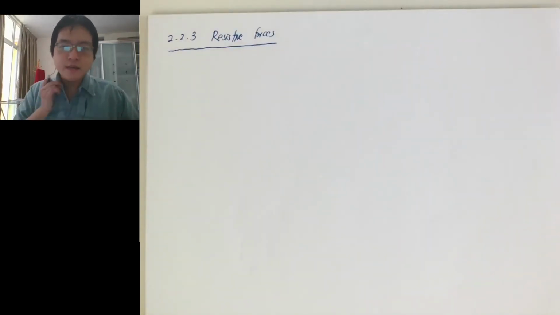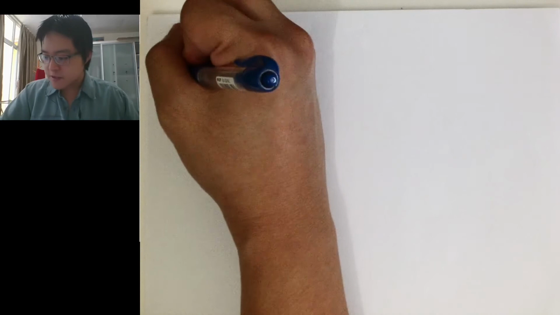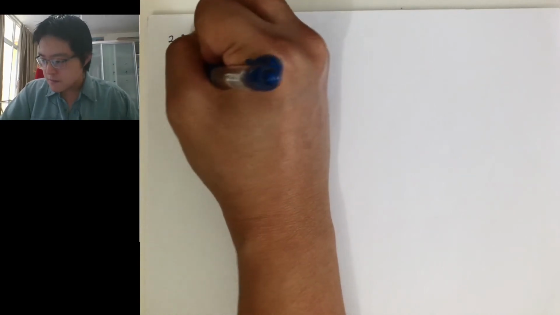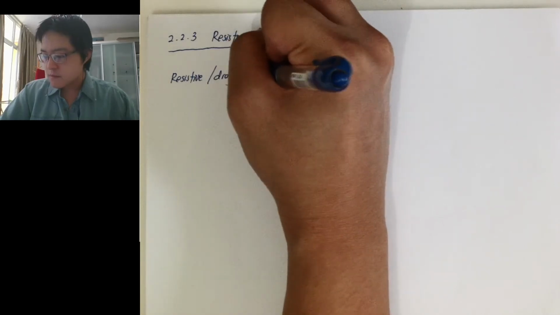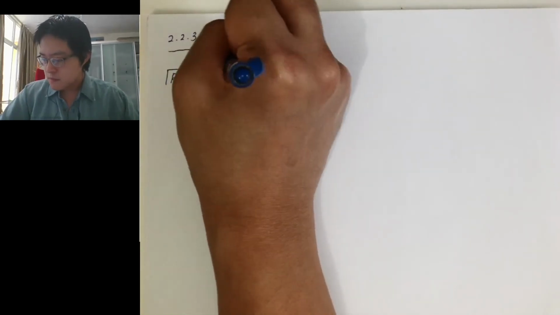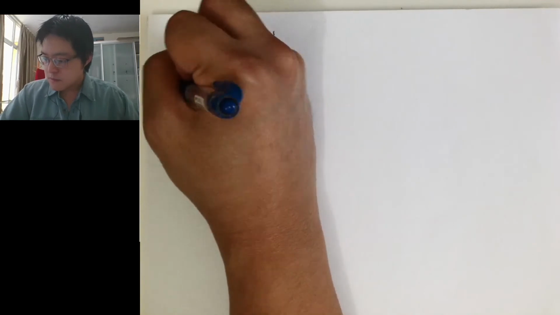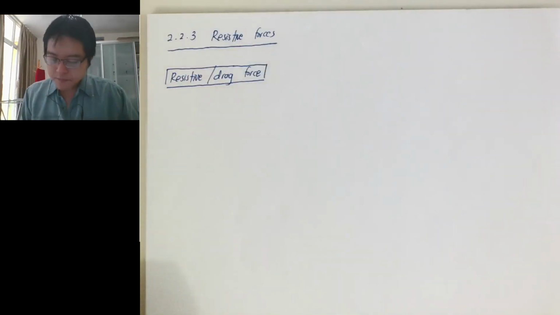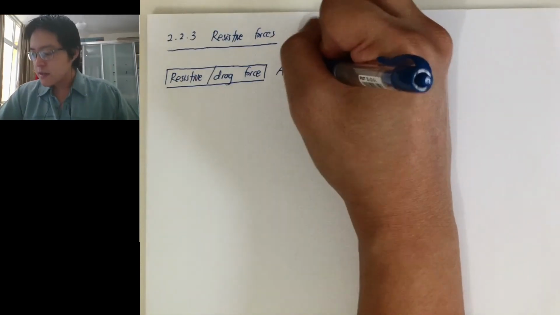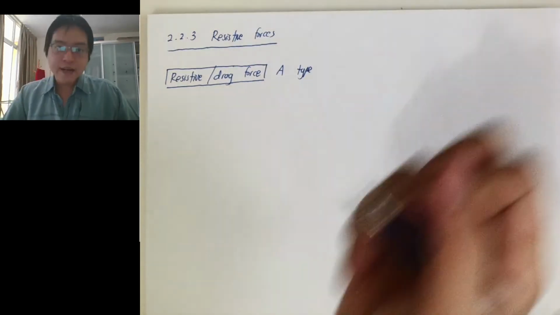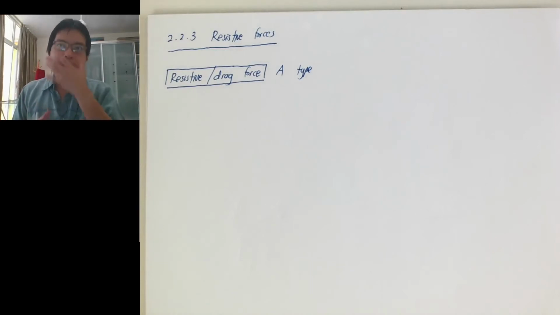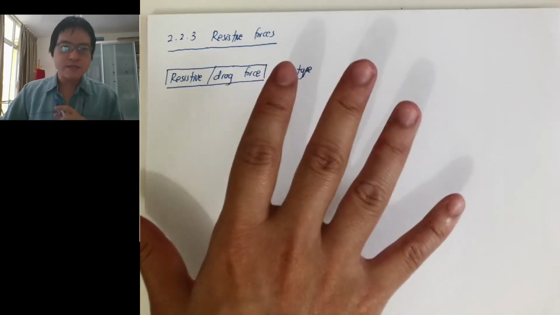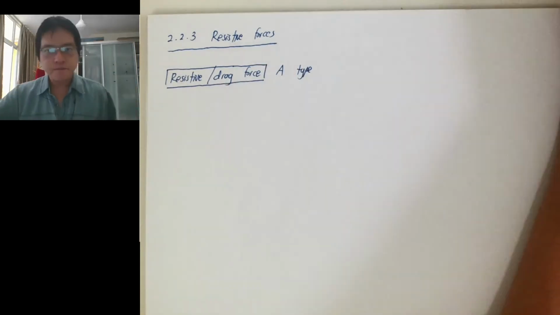So what is a resistive force? Sometimes we call it drag force. It is something like a friction. It is similar to friction in the sense that all these forces are dissipating energy from your system.